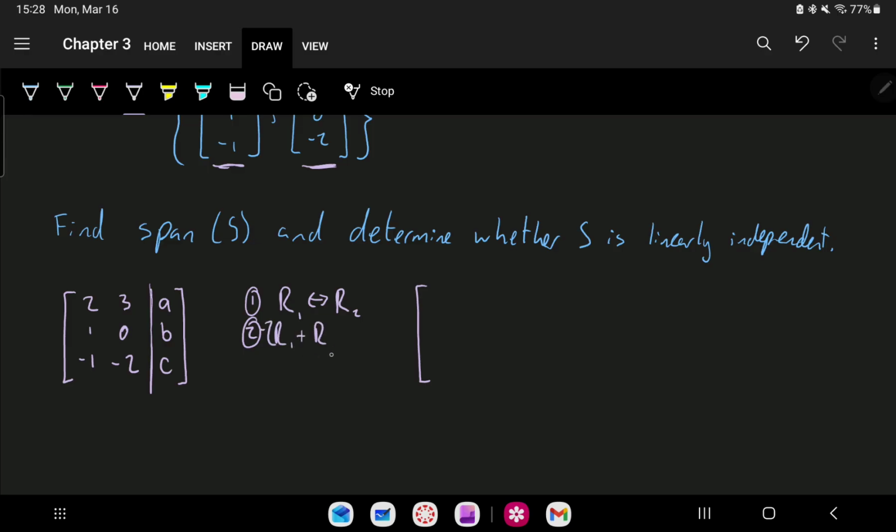We'll do 2 R1 plus R2. Gonna take us to R2, and then I could just add rows 1 and 3. And remember, whatever we do to the left side, we need to do to the right side as well.